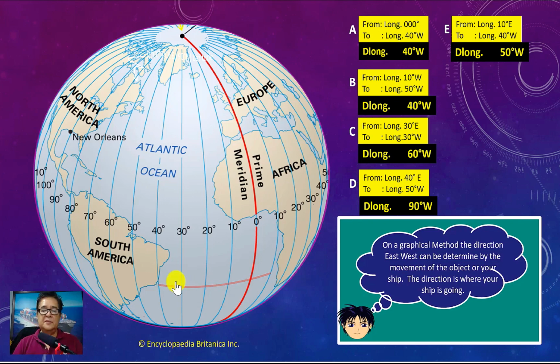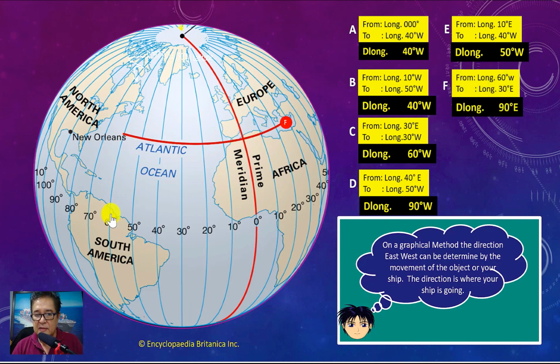Next letter F is from 60 degrees west, movement going east up to 30 degrees east. So let's count. 10, 20, 30, 40, 50, 60, 70, 80, 90. 90 degrees east.